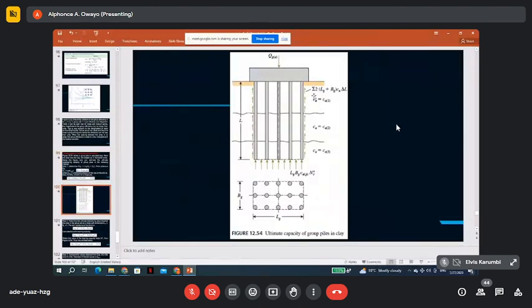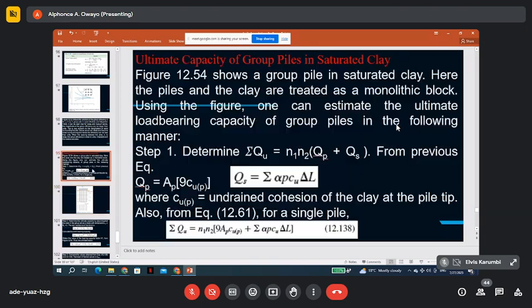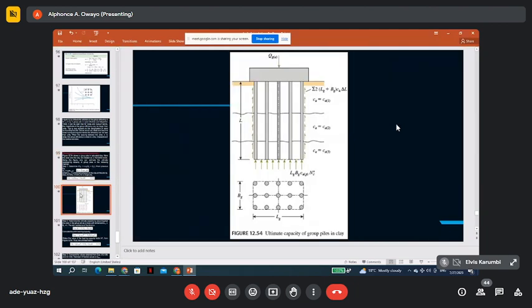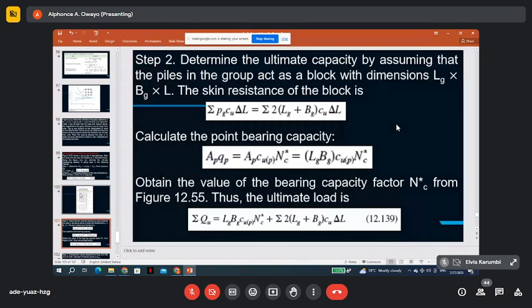So the sum simply implies that you find alpha and all that and sum for the first length because this Cu is different, then sum for the second length because this Cu is different, then for the third length, and you add the three. So that's the meaning of the sum. Otherwise, this principle is derived from the ones we already spoke about for individual piles. So the same principle, once you understand it, you apply here, considering the fact that this is a group.